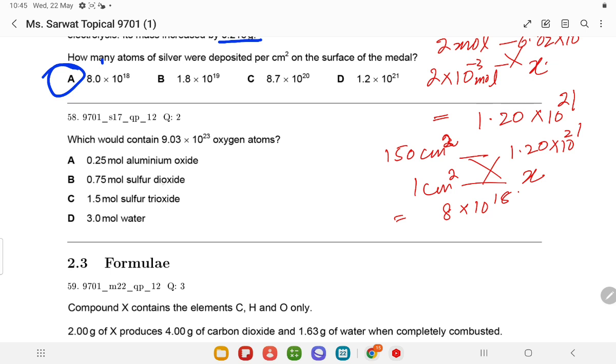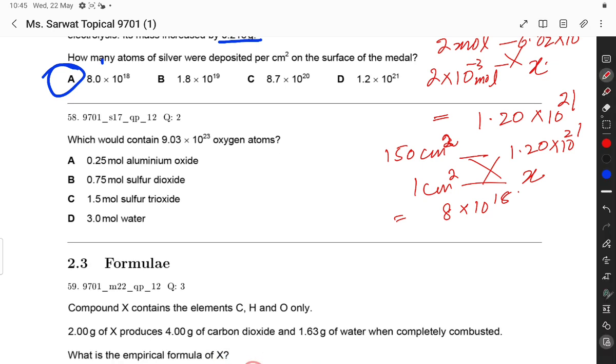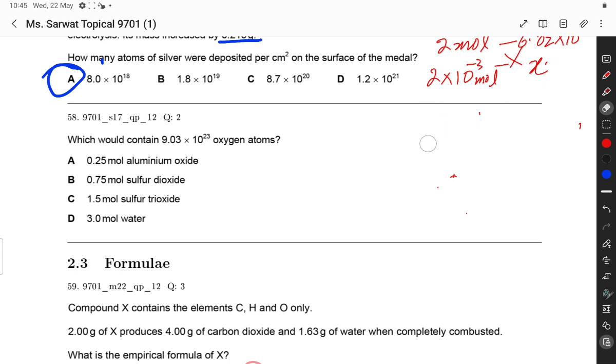So the next question is which would contain 9.03 × 10^23 oxygen atoms. The question is solved by using the same method which I have discussed earlier. Like 0.25 mole aluminum oxide, this is Al2O3, so the number of oxygen atoms is 3 × 6.02 × 10^23.